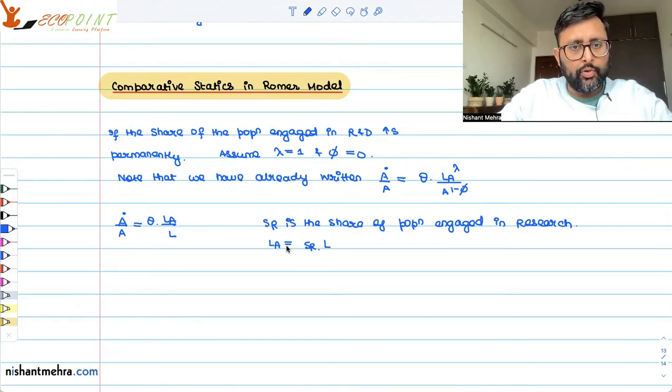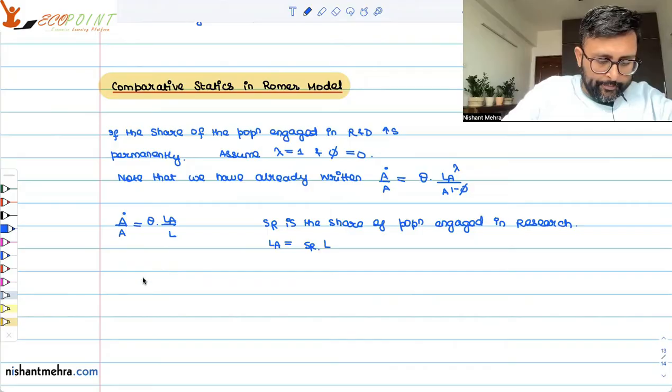Total population is 100. So LA is 25% of 100, which is 25.